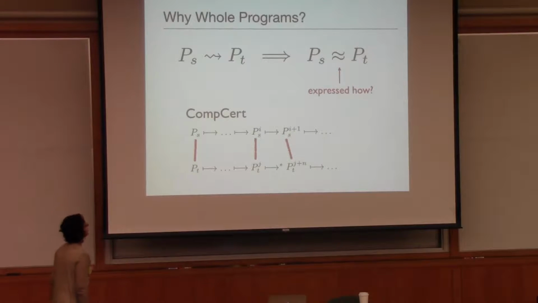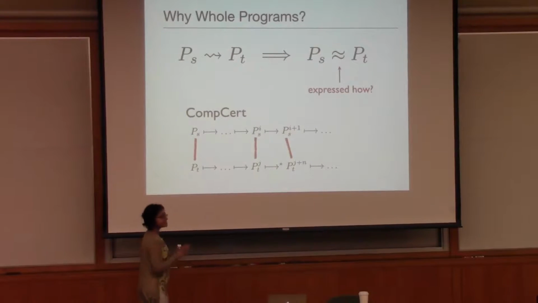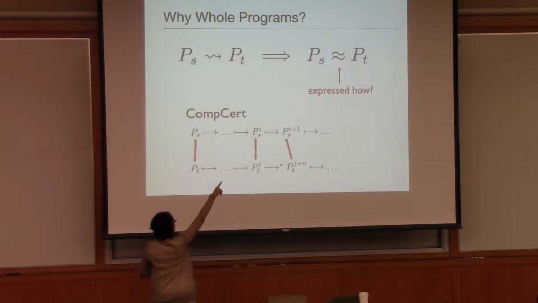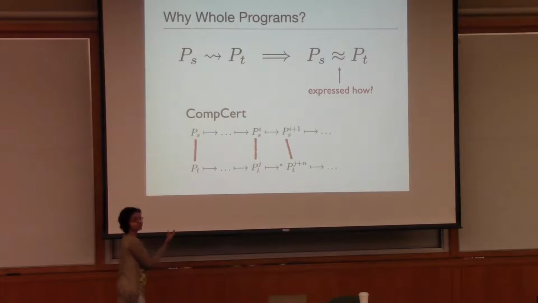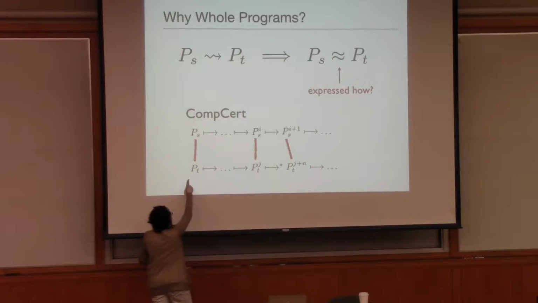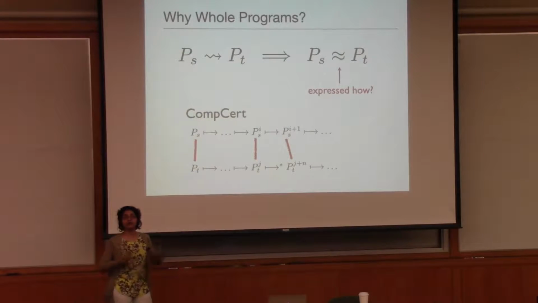Well, in CompCert, for instance, and the other papers, essentially what you're proving is that relationship, you're proving a simulation. You're saying that if I run my source program P_S, then that simulates the run by my target program P_T.